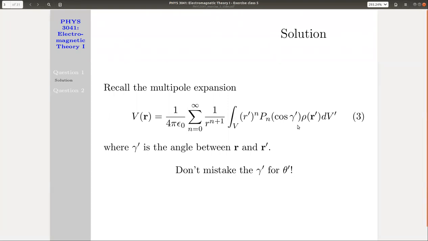So the gamma prime here is not the polar angle of the differential element. You should not mistake it for the theta prime. The two angles are completely different.